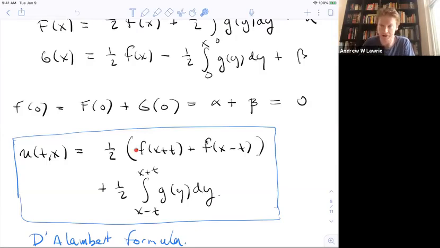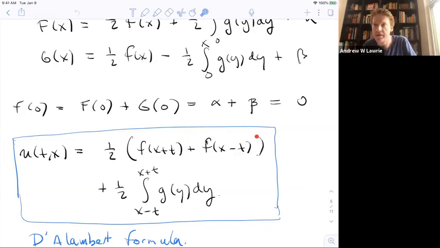So f was a periodic function, and so all I have here is just taking these averages of a periodic function. This is still periodic, right? If I look at u of t, x plus 2 pi, add 2 pi to x, then since f is periodic, nothing changes here in this first line.